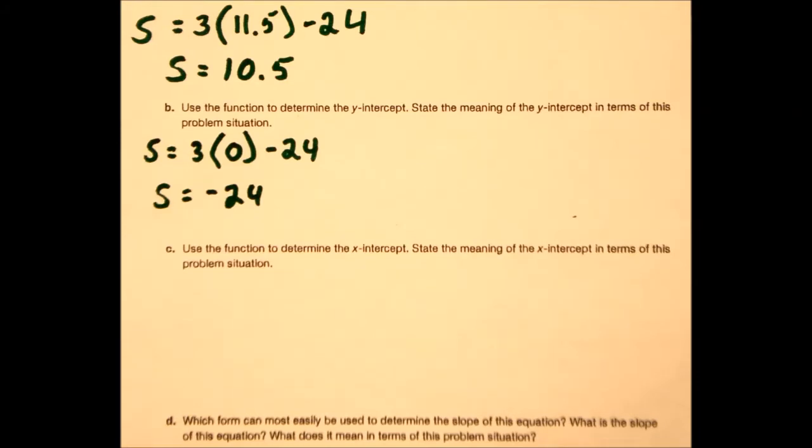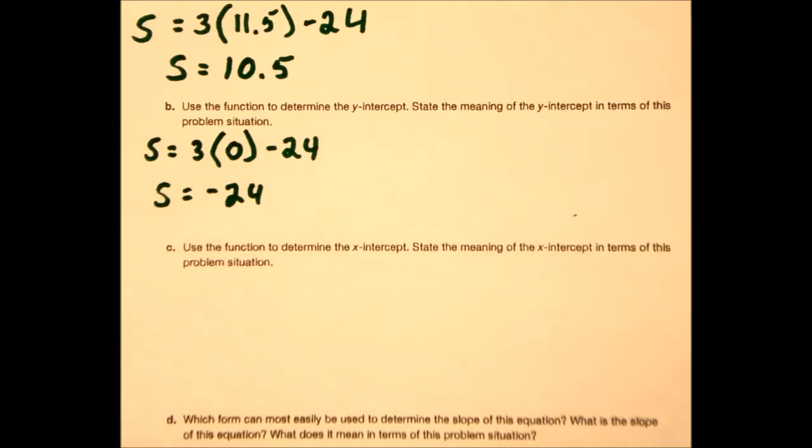If the length of a foot is 0, the shoe size is negative. Does that make any sense? Of course not. You can't have a negative foot size or shoe size. It doesn't exist. But it represents part of the function.